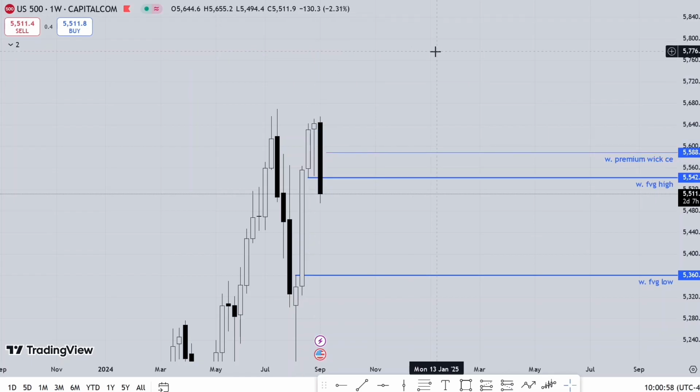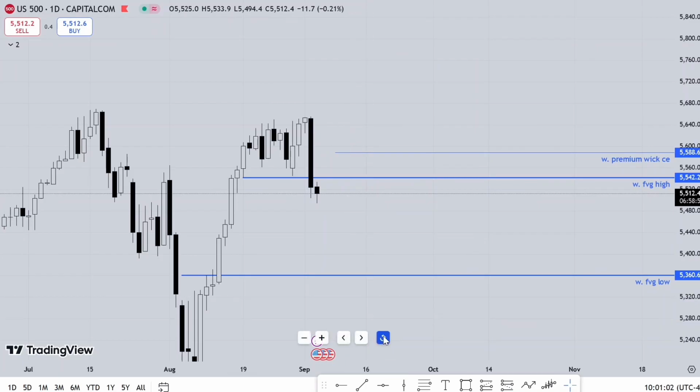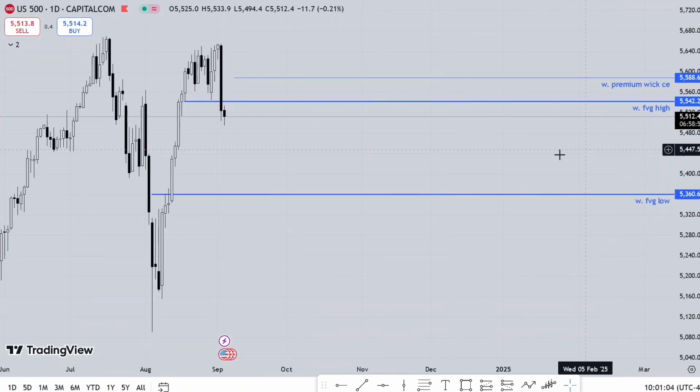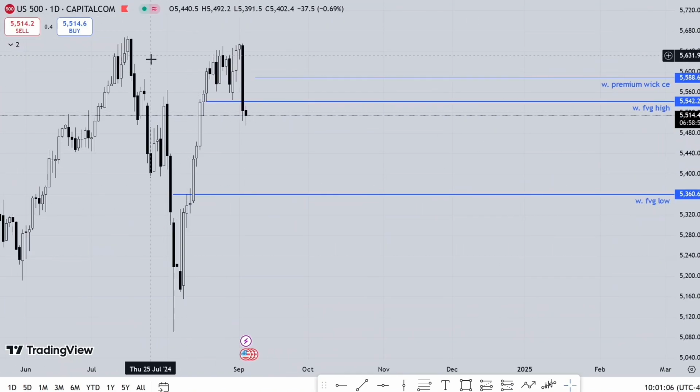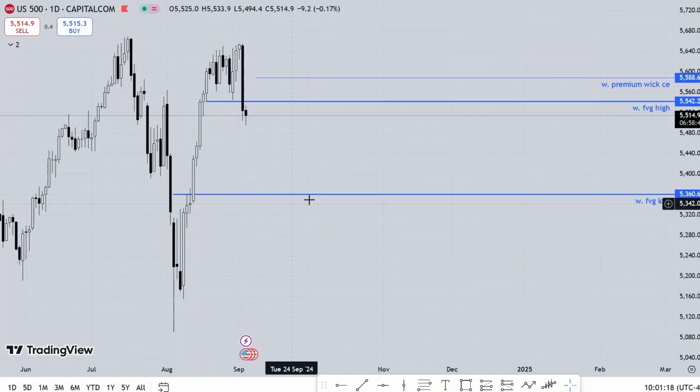So down to the daily time frame. On the daily time frame, if you are using this swing low to this current swing high that has been formed by yesterday's Tuesday trading, you would want to look for the midpoint of it.